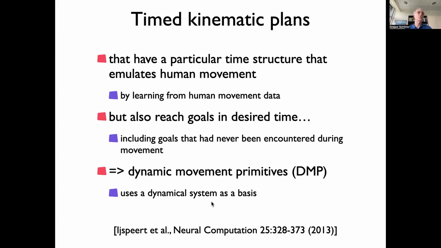But then you would want to generalize that, so learn just the general shape, but then be able to make a movement to a location that wasn't in your learning material. So make a movement to intercept the ball, for instance, at one particular location that isn't exactly in your training data set. And what I'll present to you solves that kind of problem.